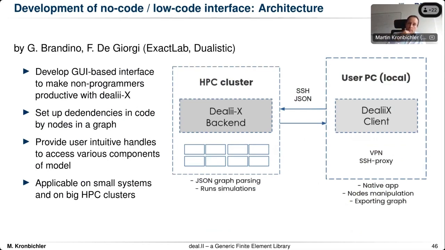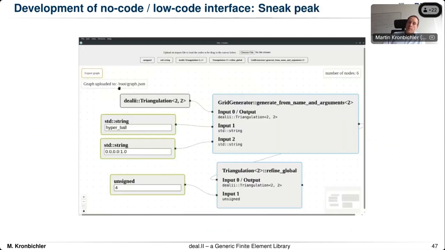They should be doing this by various abstractions. So what we're doing is we're having an interface where we can set up graphs and nodes which are connected with each other, and then you very intuitively guide the user to provide the input. And we do this not just on local PCs, but we really try to go to clusters as well. This is really work in progress where we try to apply these technologies easily for medical applications.